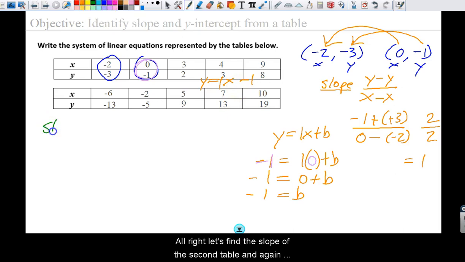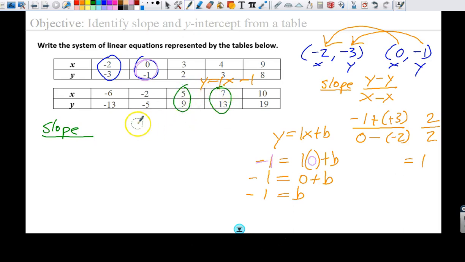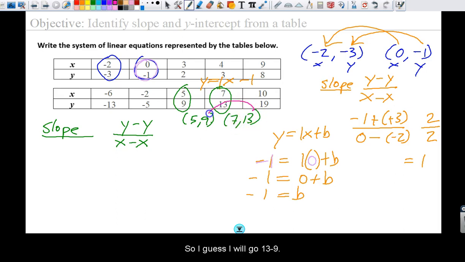All right, let's find the slope of the second table, and again, pick 2 points. I'm going to pick 2 positive points because I like positive numbers. And we'll do y minus y, x minus x. So the 2 ordered pairs are 5, 9, and 7, 13. And so I again will go 13 minus 9 over 7 minus 5. That's 4 over 2. That's 2.